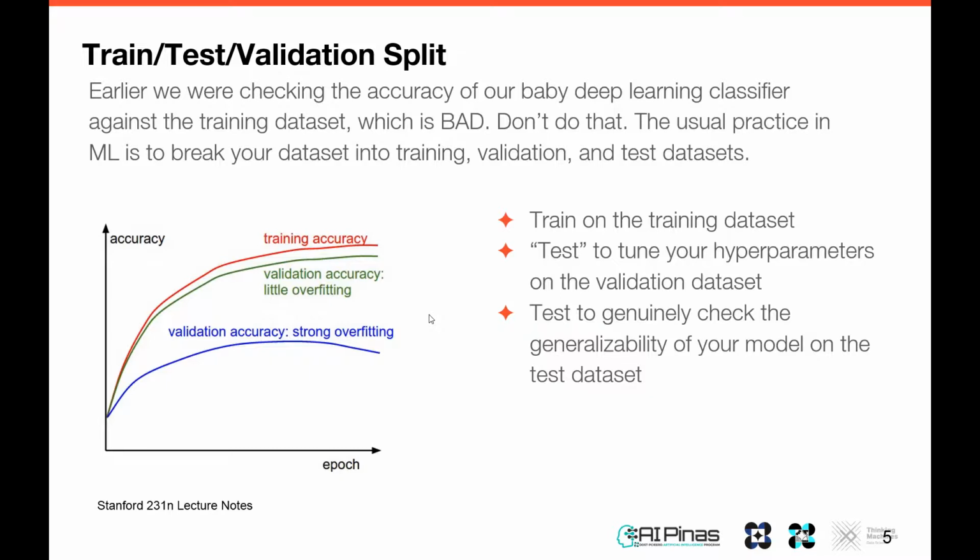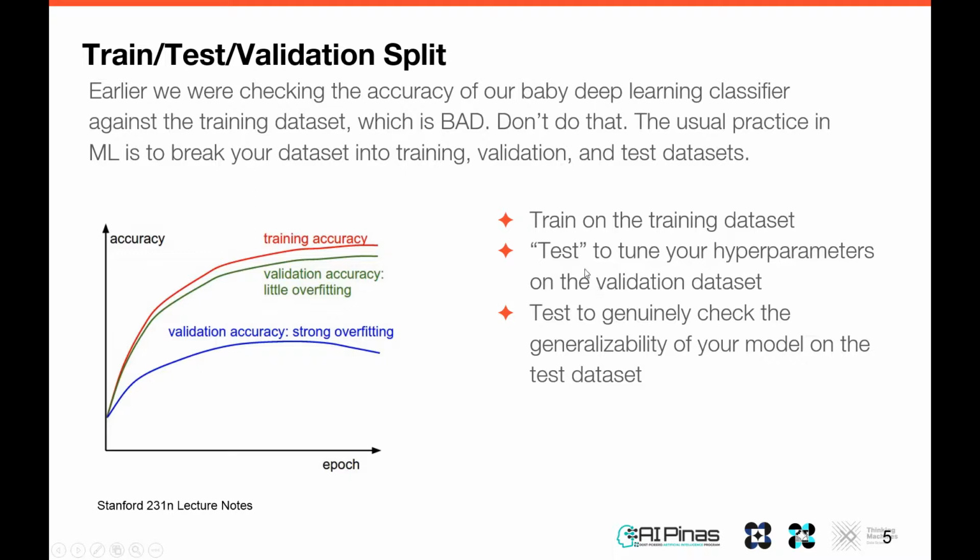So how do you use these three data splits? First, you want to train on your training dataset. Then you want to tune your hyperparameters. So you use the validation dataset to check your hyperparameters and keep optimizing them until the model you build is performing well on both the training and the validation datasets.